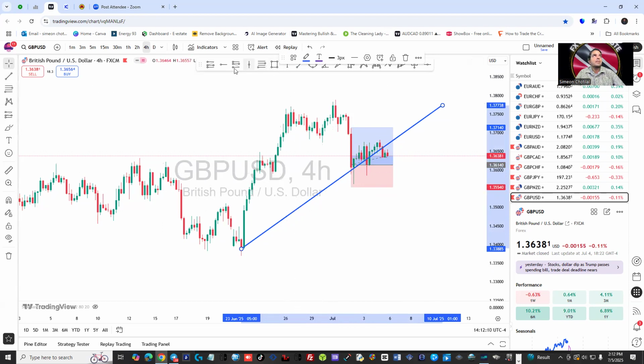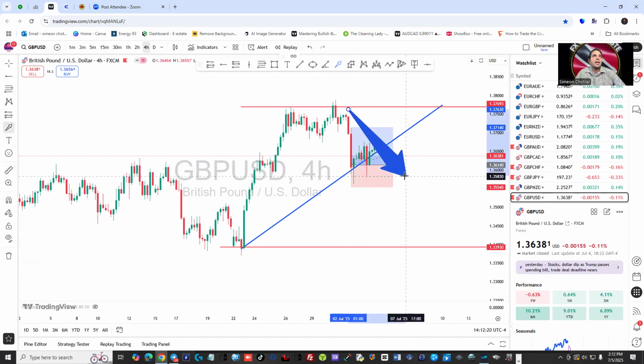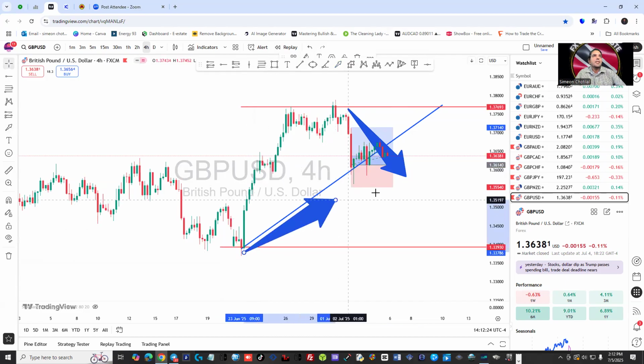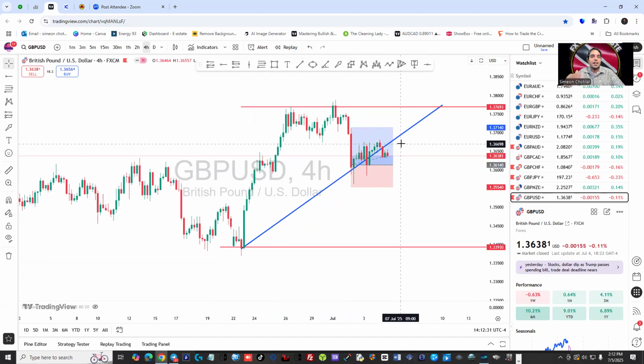People look at resistance and support, and that's just highs and lows. All of this is going to be explained. The base concept of trading is you sell from the high and you buy from the low. Really, it is that simple when I think about it. It's just getting in at the right time and getting in and out with some profits, hopefully.